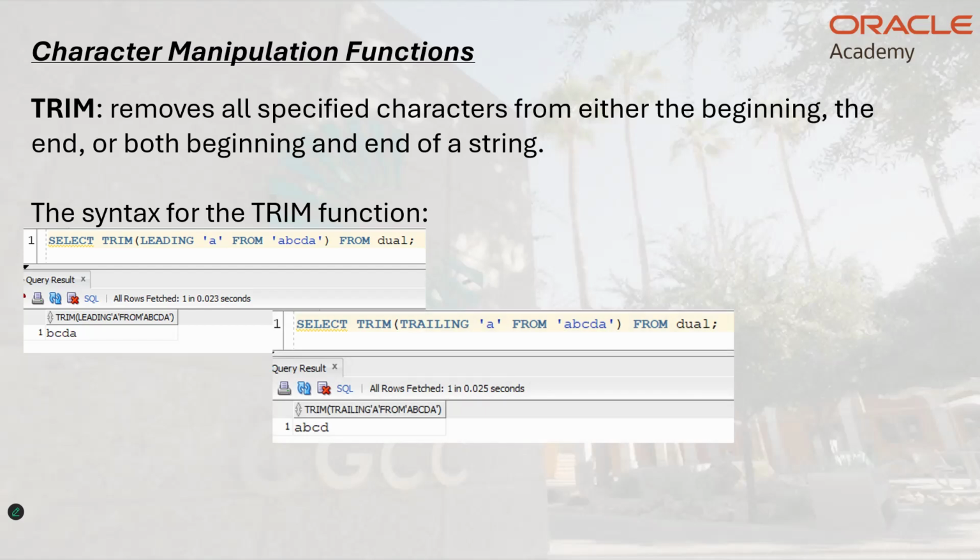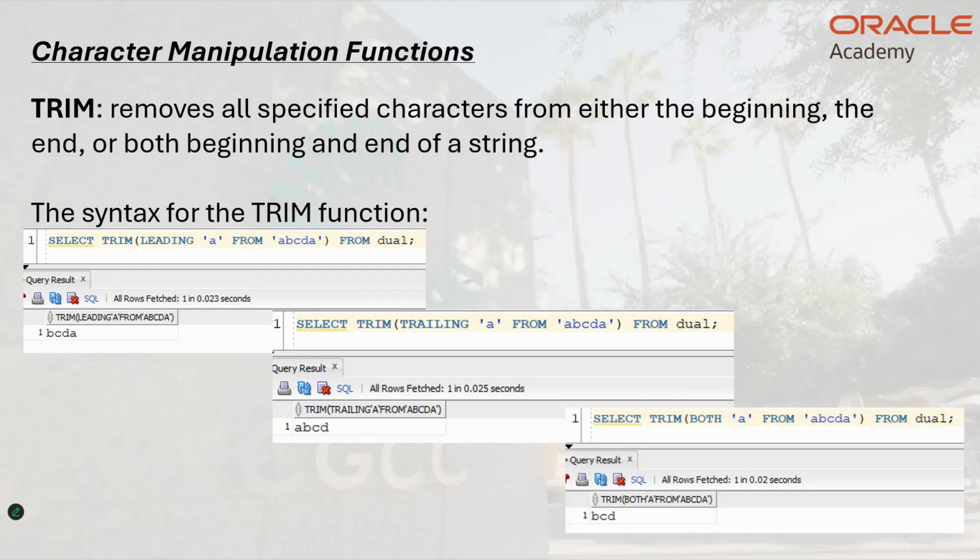And the trailing is just that. Basically, we're asking to remove the trailing A, and now we got ABCD. And then both, just use the keyword both. If there's an A, it will remove it. As you see, the result is just BCD.